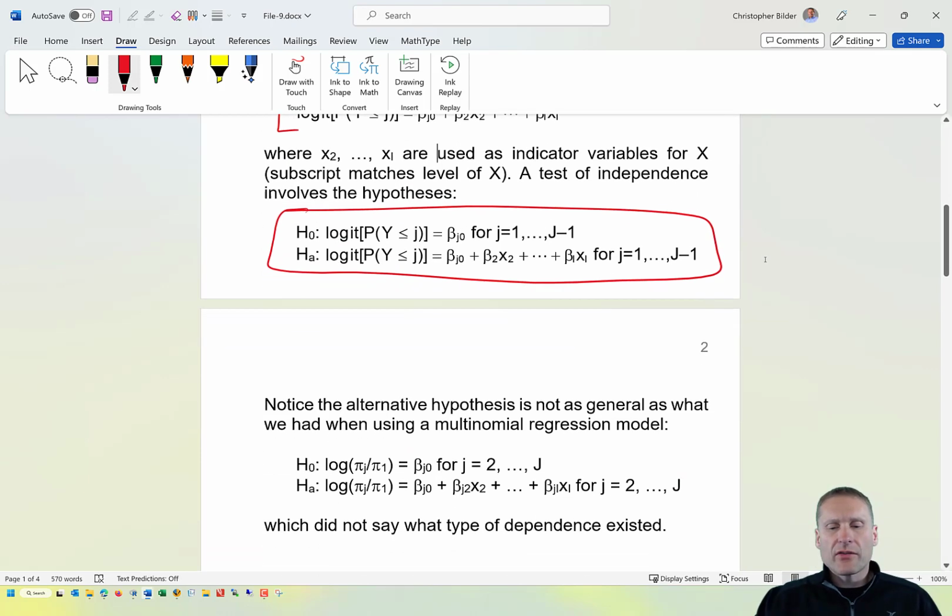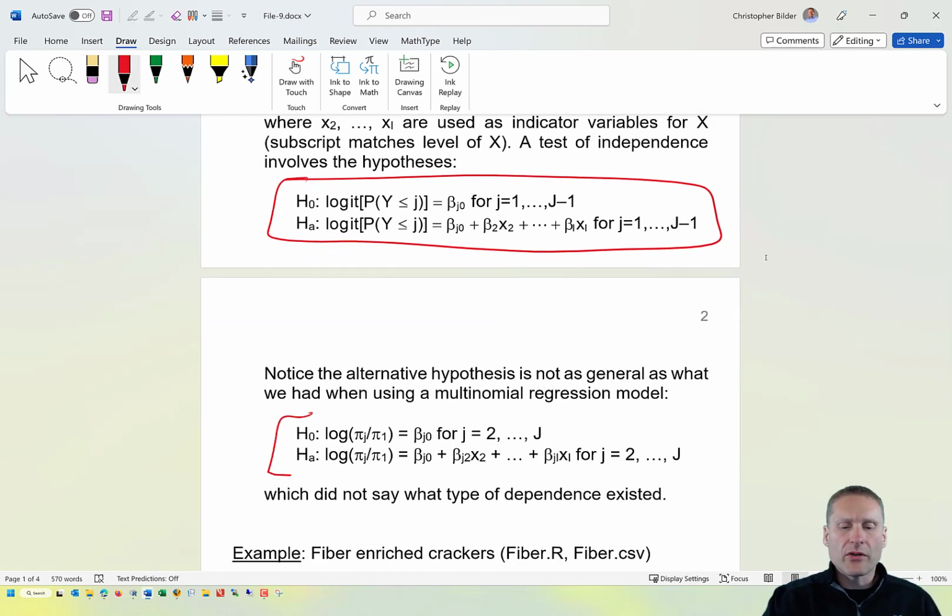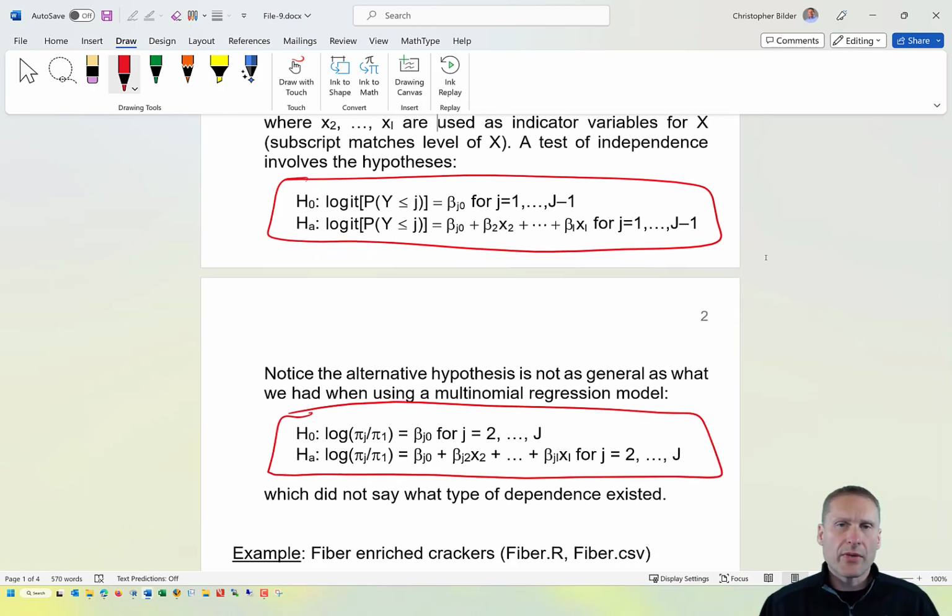Now let's compare this to what we had previously with a multinomial regression model when we were testing for independence. The multinomial regression model basically puts no constraints at all on the corresponding probabilities for each category. However, the proportional odds regression model does put constraints on it.